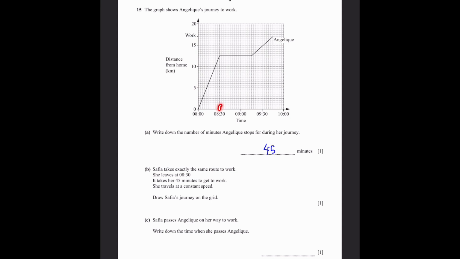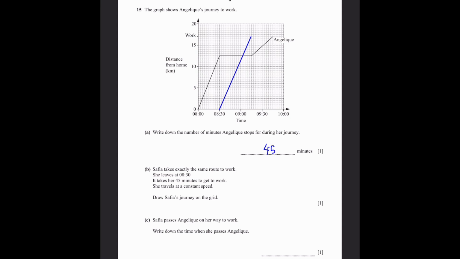She gets to work 45 minutes later, and no delays as well. 17 kilometers in 45 minutes over here. So no stopping as well. So we can draw a line like this, and that'll be Safia's journey.